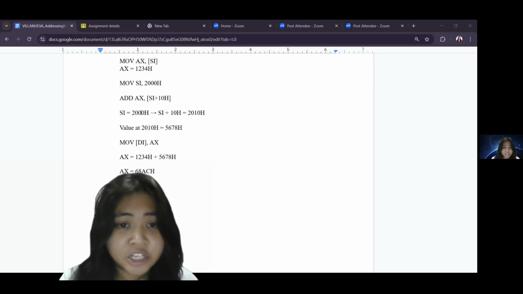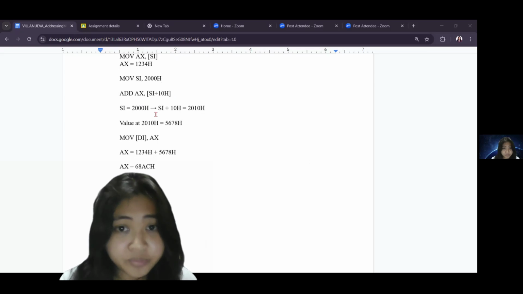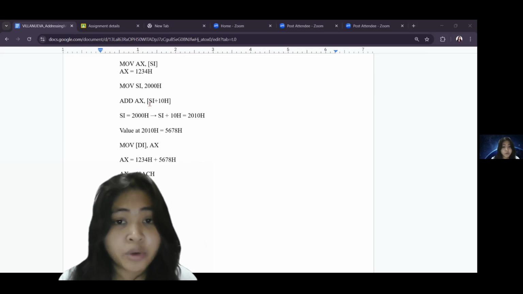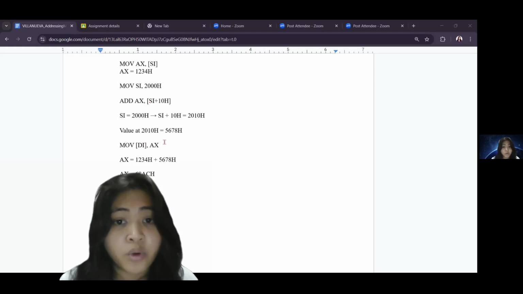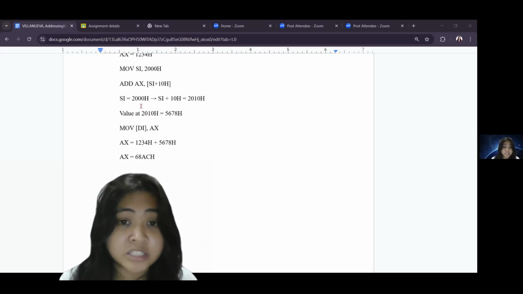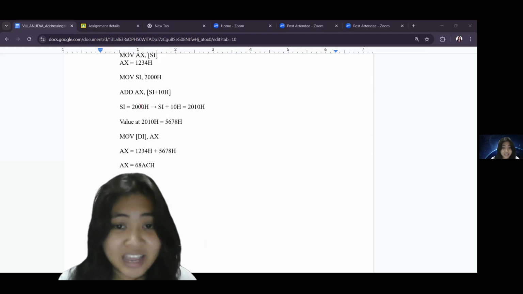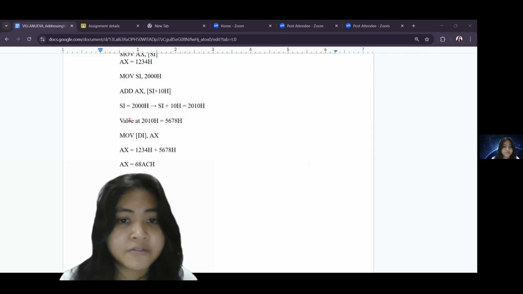SI plus 10H equals 2010H. The value at 2010H is 5678H. So we add 5678H to AX. And 1234H plus 5678H equals 68ACH.